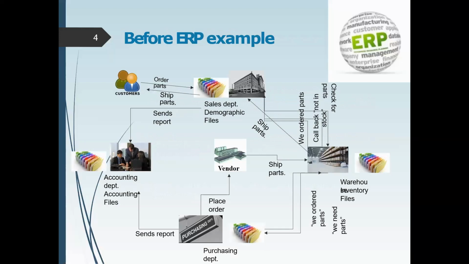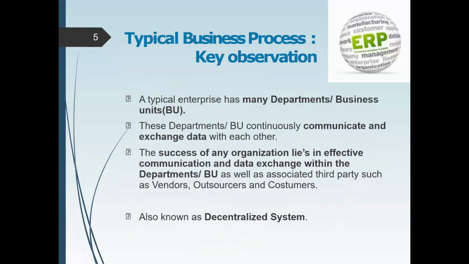After basic information about ERP, this is an ERP example that includes a database managed by each department individually or separately. So we can say it is a decentralized ERP system existing in the organization. A typical enterprise has many departments, or we call them business units.